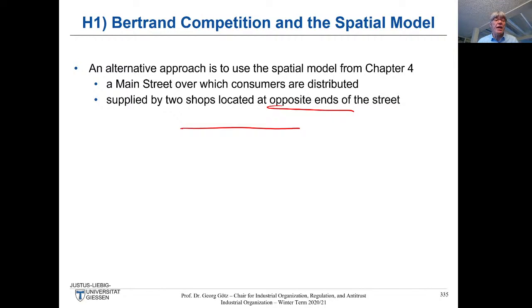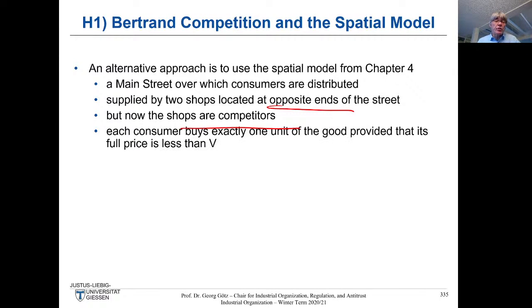You already know we had this main street of 1 kilometer length in which consumers were uniformly distributed. We assume for the minute that we now have two shops. These two shops are now operated by competitors, and to start with, we assume that they are located at 0 and 1, that is, at the opposite ends of the street.